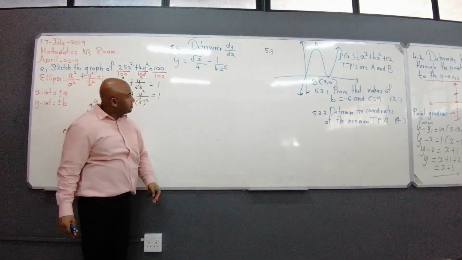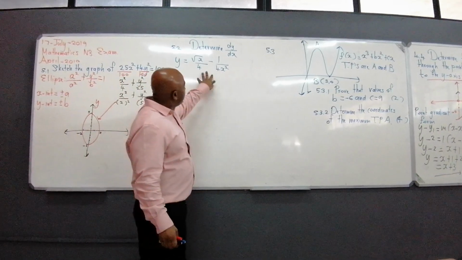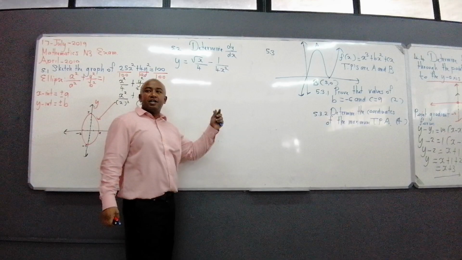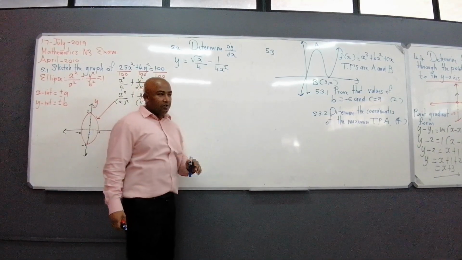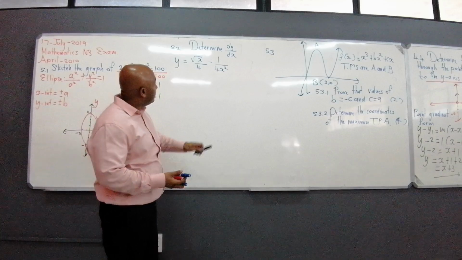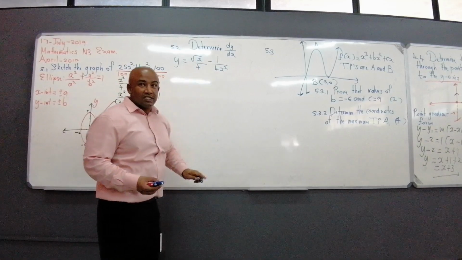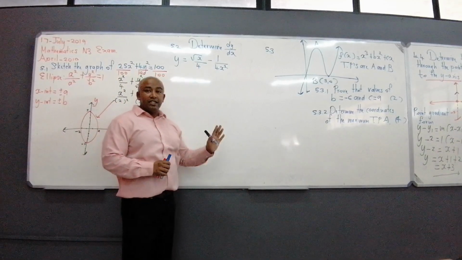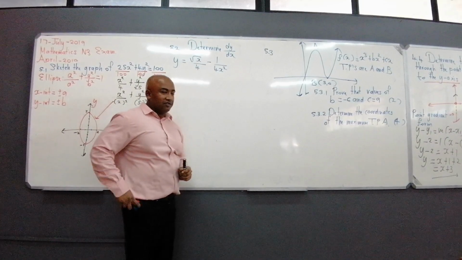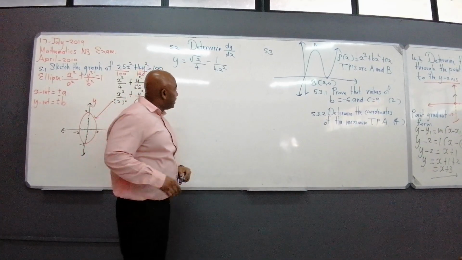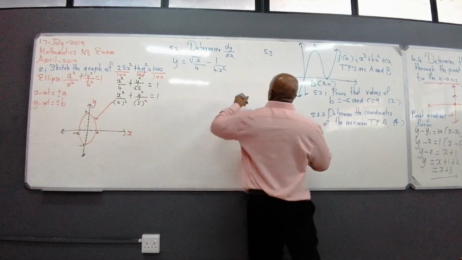What we're doing here is similar to what you did in grade 12, maybe it's just a little bit easier. So how do we do this? Here, determine dy over dx. They did not say by first principles, so we are just using the rules of differentiation. What are the rules of differentiation?